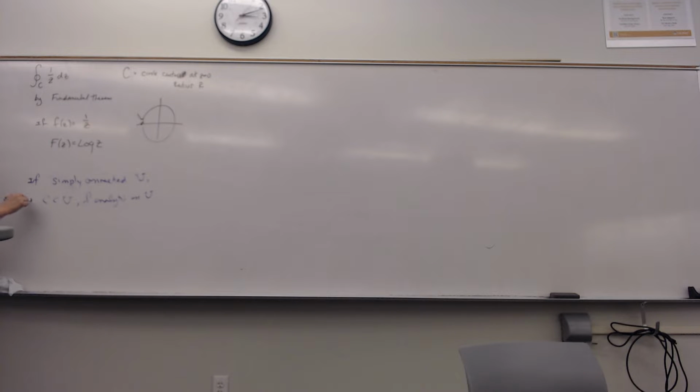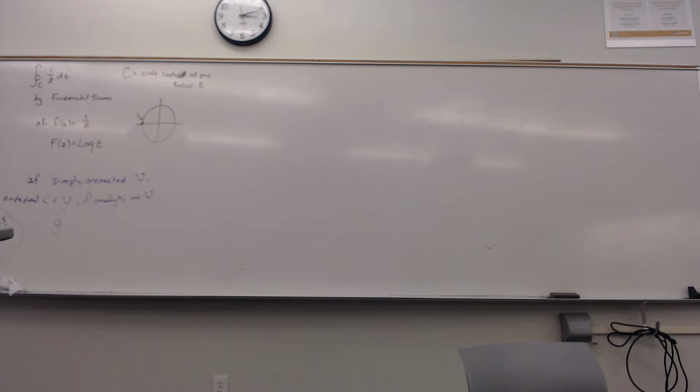It's a subset, so it's a simple closed curve C contained inside of the domain U. So basically, the picture here is I have some domain U, and I have some simple closed contour C living inside there. F is analytic on the whole thing.